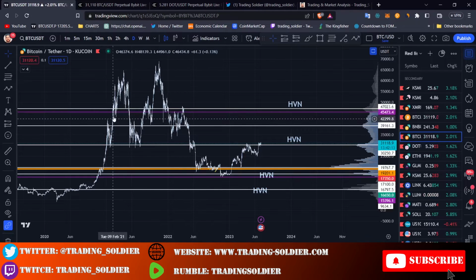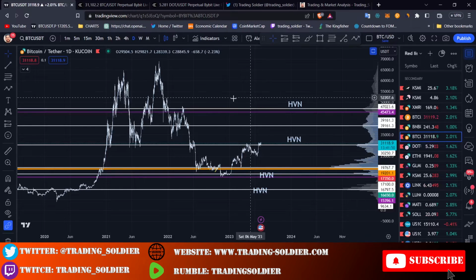As you see, here was a resistance point in the chart, okay? Also here was a support point, okay? You see resistance, then it flipped into support, it flipped into resistance, it flipped into support, again into resistance, okay?